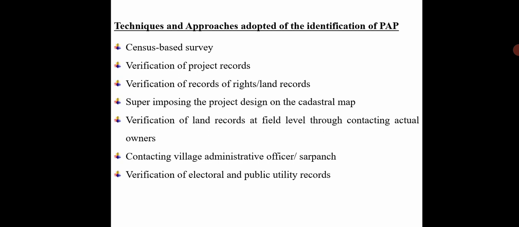Cadastral map is nothing but a map which shows property boundaries, subdivision lines, buildings and other related details. Similarly, verification of land records at field level through contacting actual owners, contacting village administrative officer, verification of electoral and public utility records.